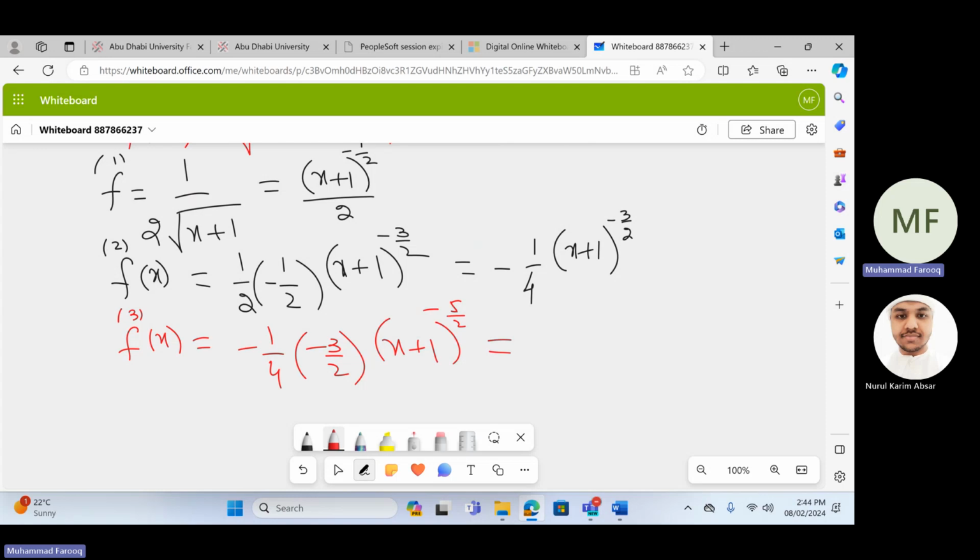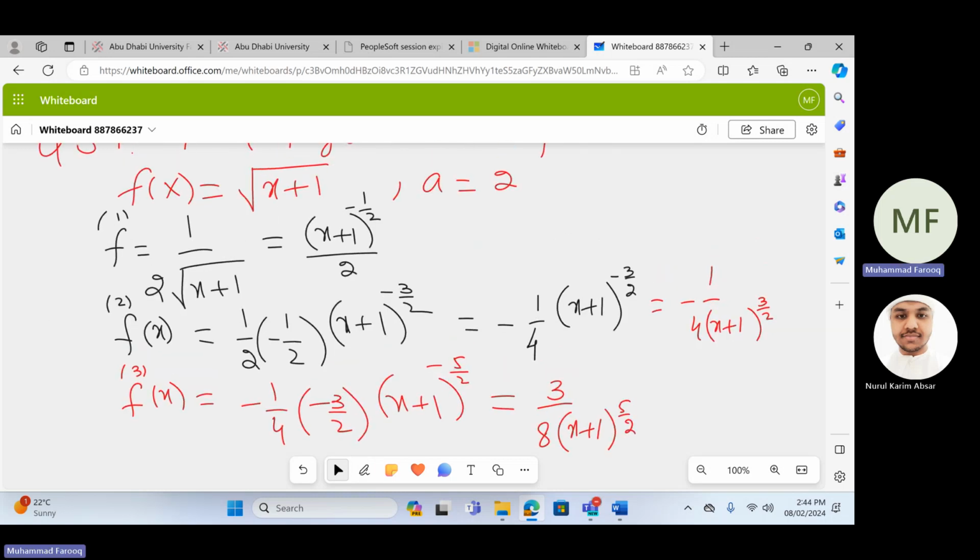Now we have 3 by 8, and take this minus 5 by 2 power down so that you can easily get the value when you put the point.